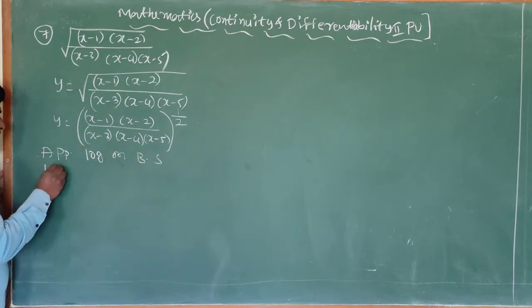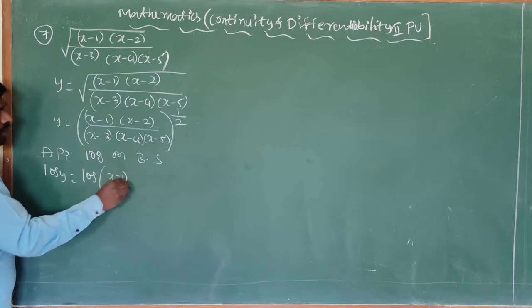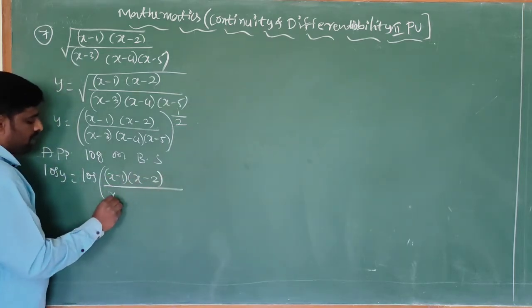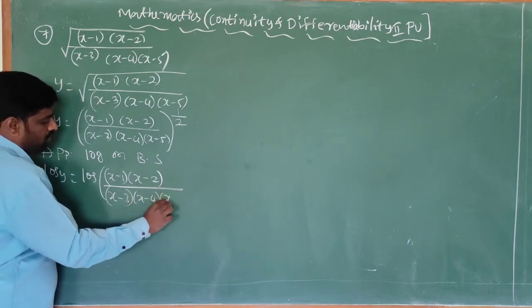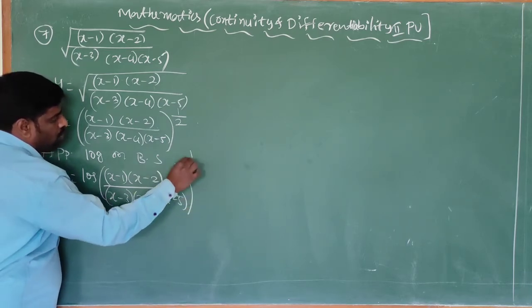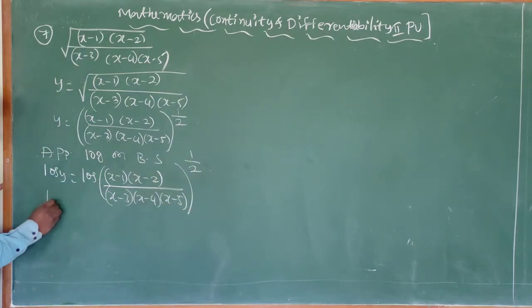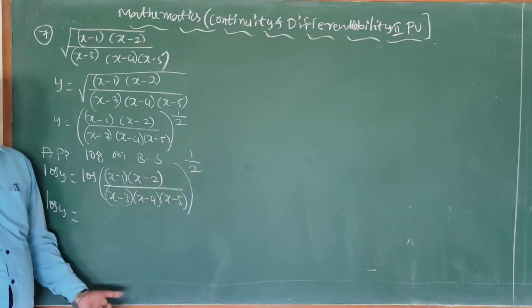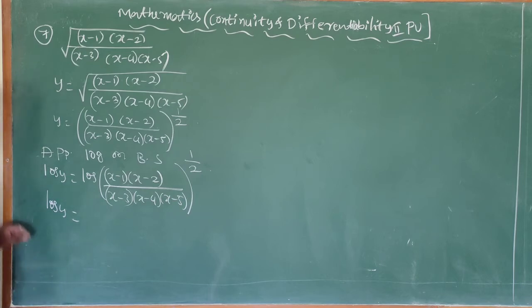So log y is equal to log of [(x minus 1)(x minus 2) divided by (x minus 3)(x minus 4)(x minus 5)] whole to the power of 1 by 2. Here apply the formula: log of p to the power of n is n log p.